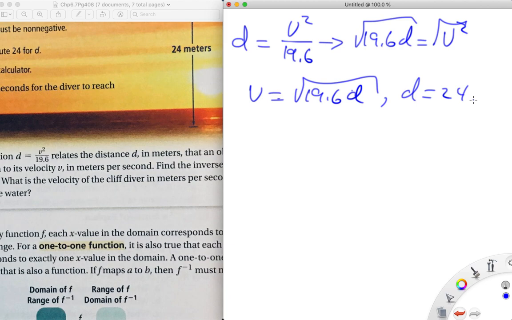So the square root of 24 times 19.6. This guy is falling at a velocity of approximately 21.69 meters per second. No, not seconds squared, meters per second.